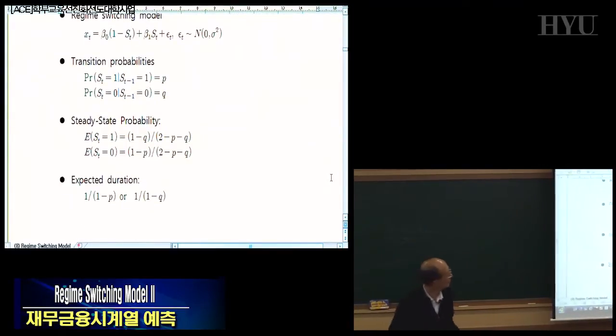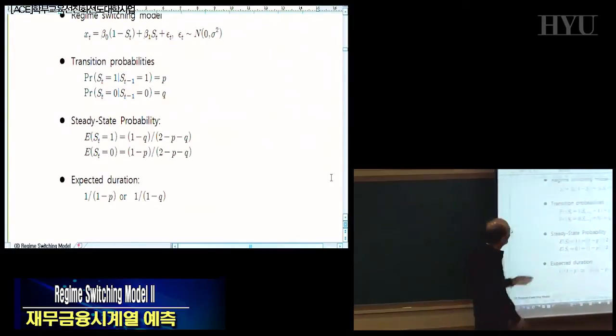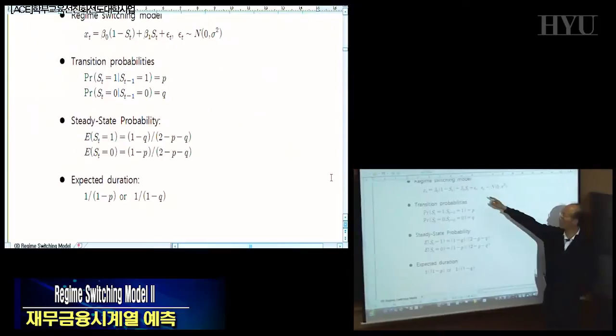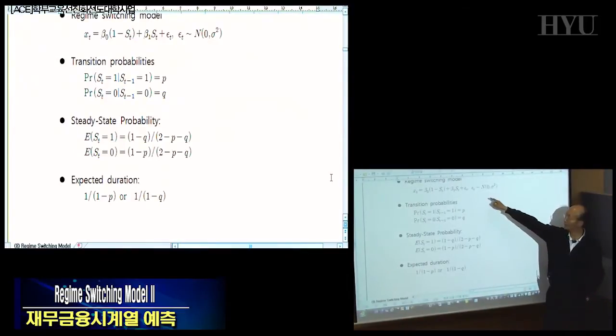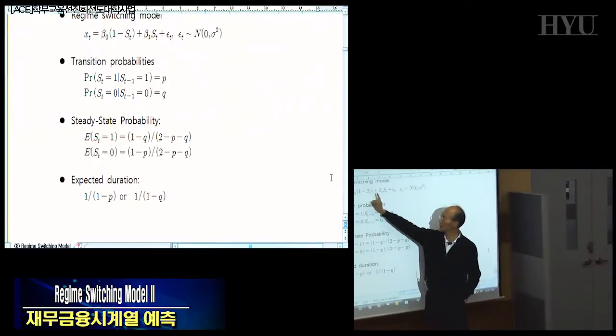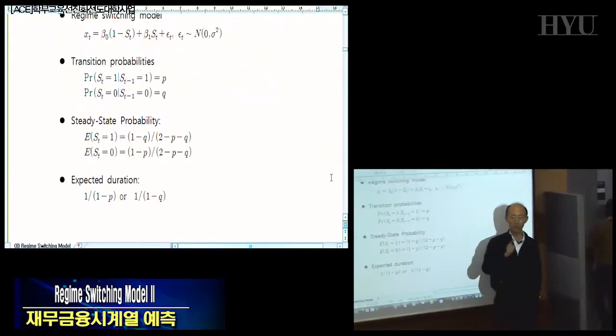A little more about the structure. Well, a regime switching model could be more complicated than this simple specification. For instance, you could have state 1 or 0, or it could be 1, 2, 3, three states, or 1, 2, 3, 4 states, right?